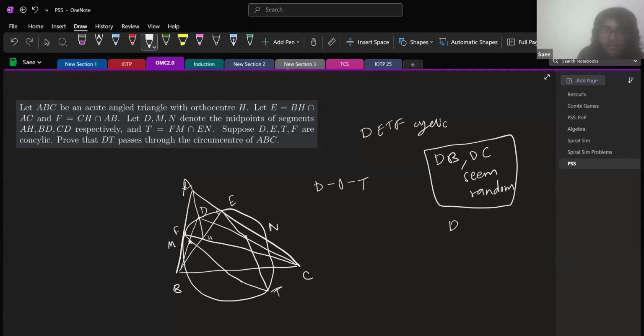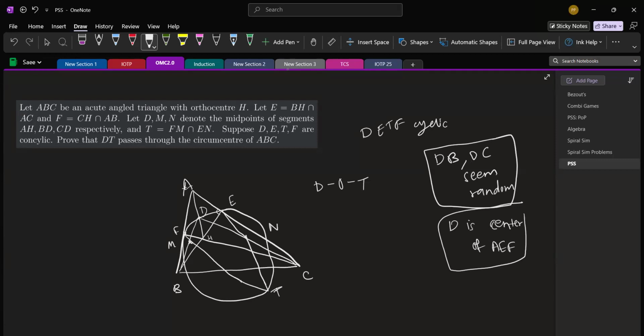Good observation. And somehow O wants to come into the picture for some reason. O as in the circumcenter of ABC? Yes, O is the center of ABC.